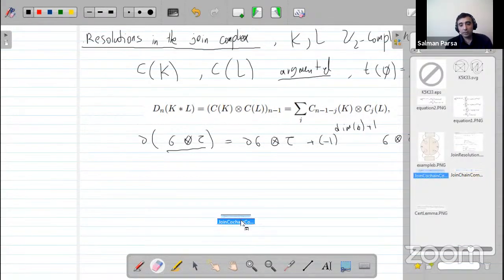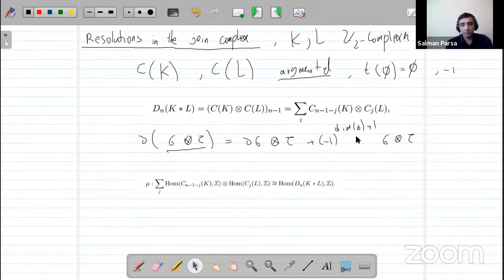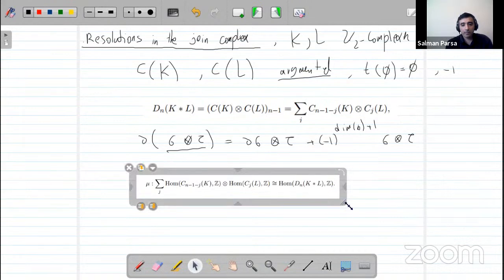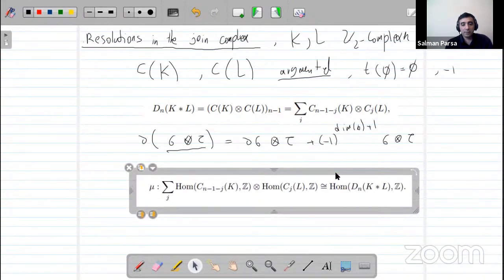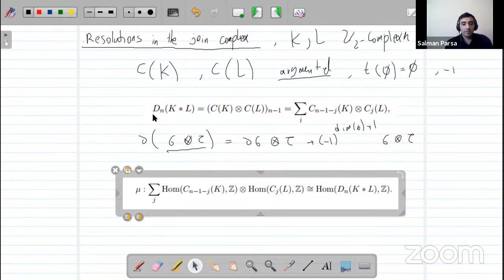Now the similar is true for cochain complexes. There's an isomorphism between the Hom of this chain complex, that is the cochain complex, and the tensor product of the cochain groups of these individual chain groups.